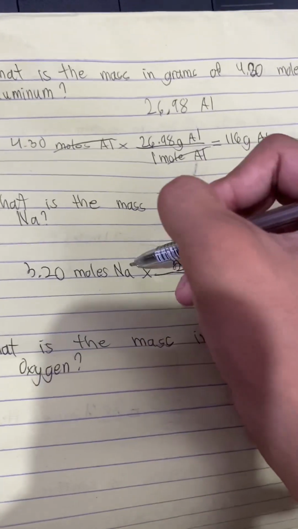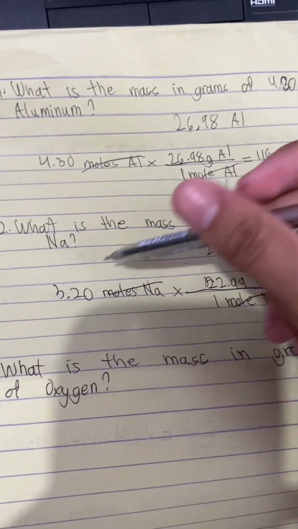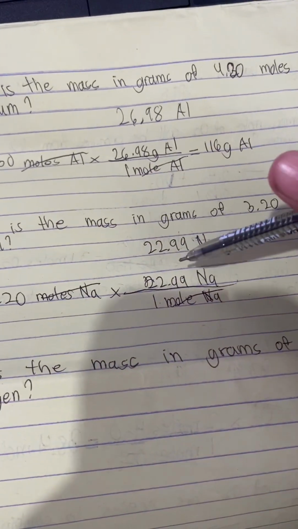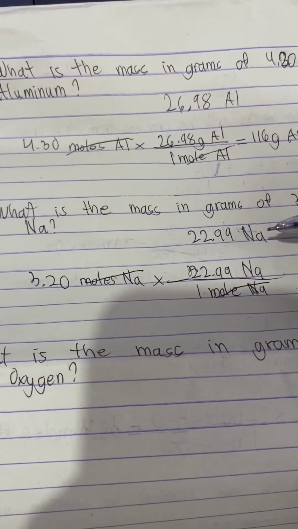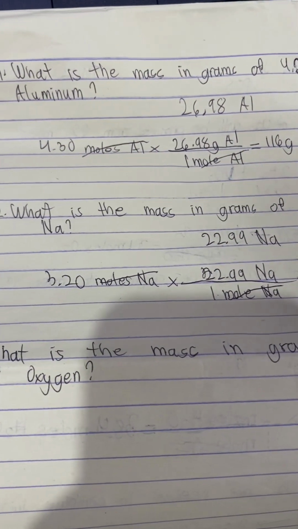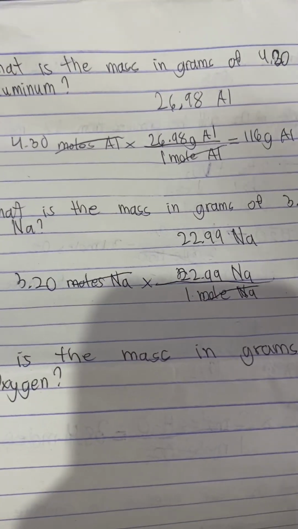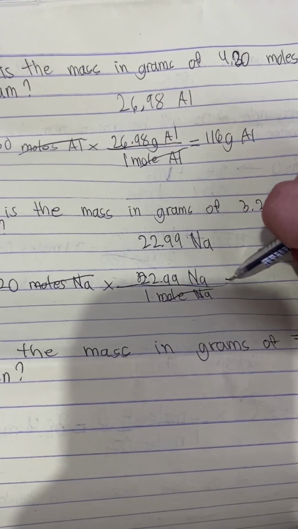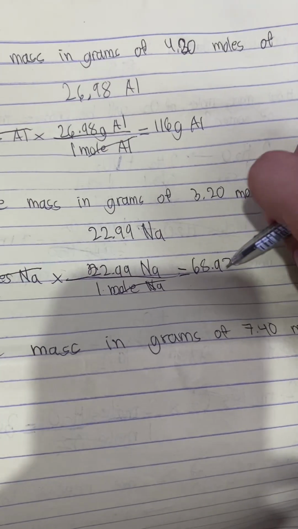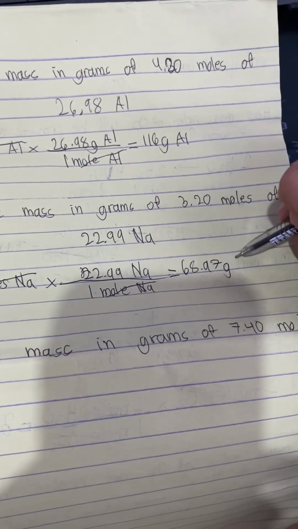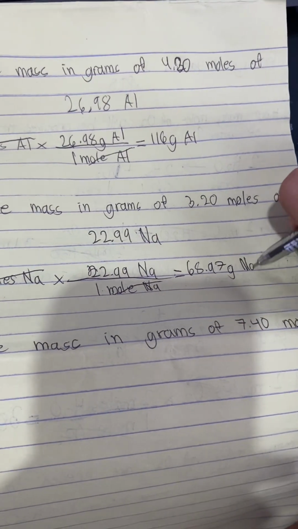Close it, means 3.20 times 22.99 will be 68.97, divided by 1 will be 68.97 grams of Na.